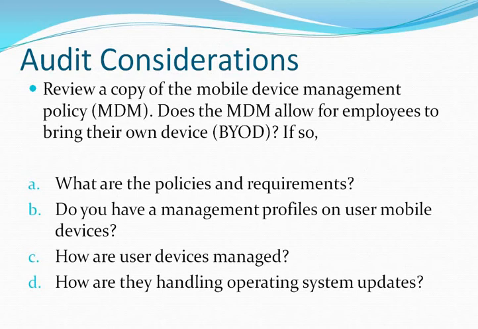Let's start on the audit considerations. This will be our audit checklist. Point number 1: review a copy of the mobile device management policy. Does the MDM allow employees to bring their own device?